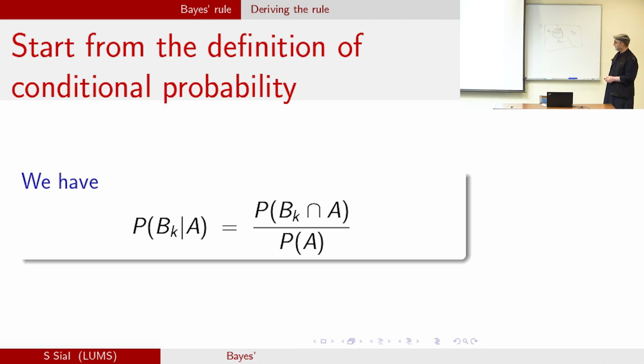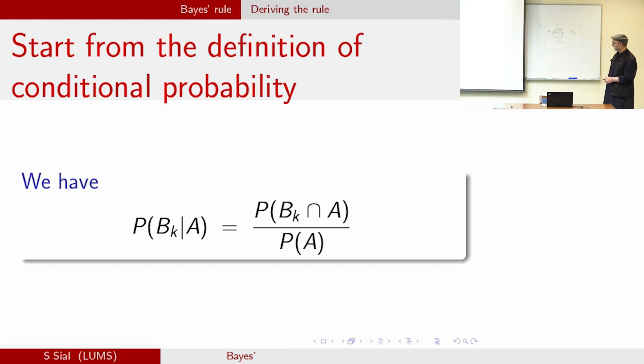So we're going to start with the probability of BK, one of the partitioning sets, given A, is the probability of BK intersection A divided by the probability of A. Okay? We're going to rewrite the top there with the multiplicative law, and we're going to rewrite the denominator there using total probability.